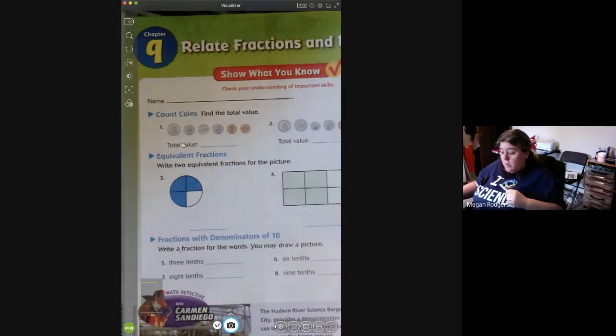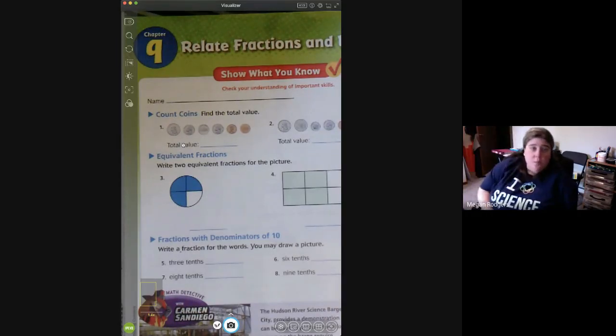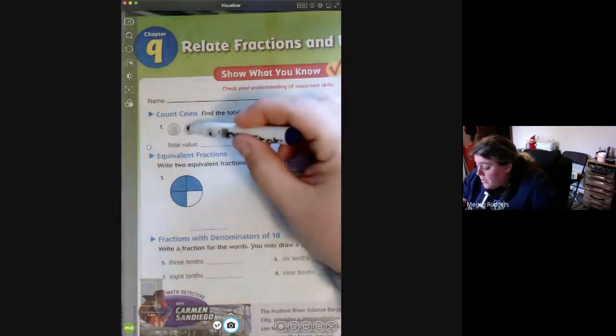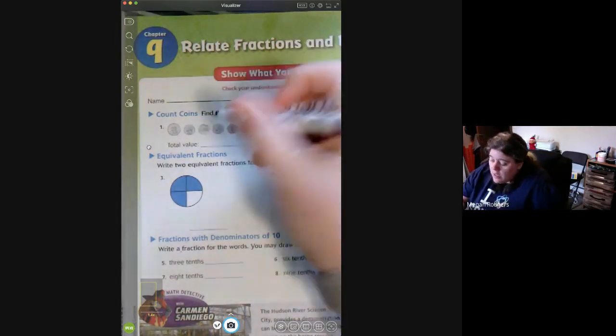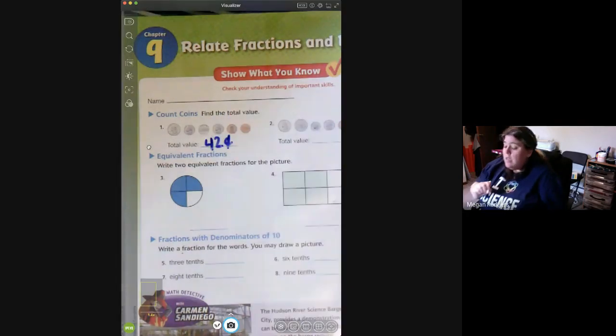That doesn't help so much. But since I can see it, we're going to assume that that first coin there is a quarter plus 3 nickels and 2 pennies. So a quarter is 25, 30, 35, 40. So this is 42 cents.